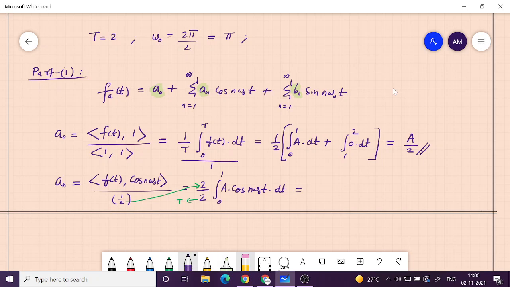So this is A into integral 0 to 1 cos n pi t, which is A into, the integral of cos is sin n pi t divided by n pi, limit 0 to 1.